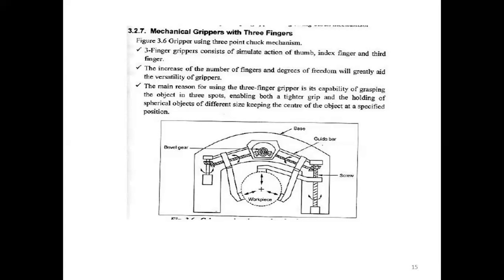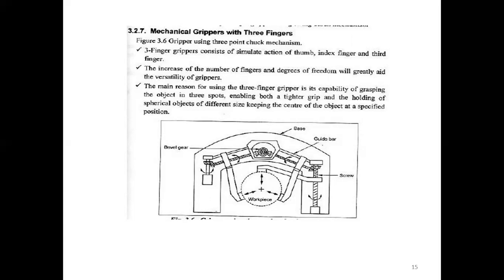Mechanical grippers with three fingers. Three finger grippers simulate the action of the thumb, index finger, and third finger. Increasing the number of fingers and decreasing the degrees of freedom greatly aids the versatility of grippers.